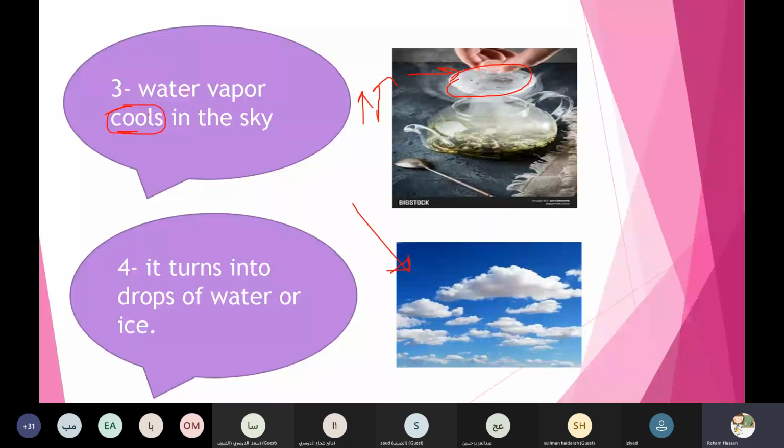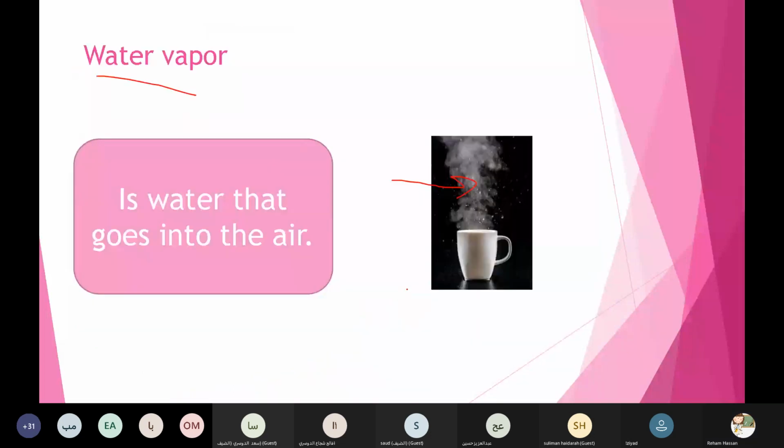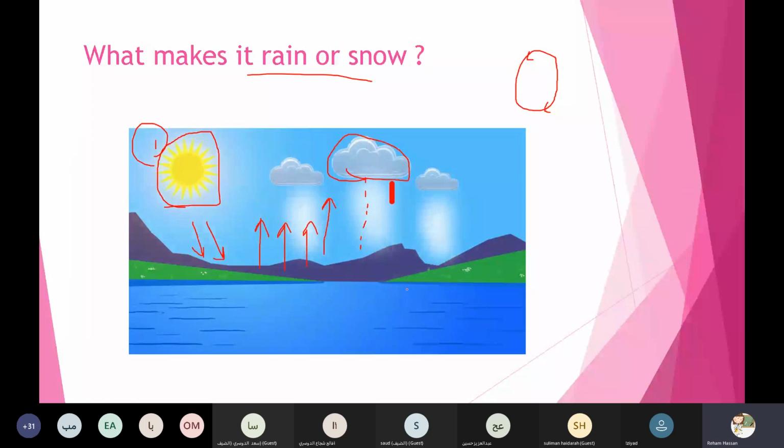Yes, Ali, it cools in the sky. And then now it turns into the clouds. Thanks a lot.